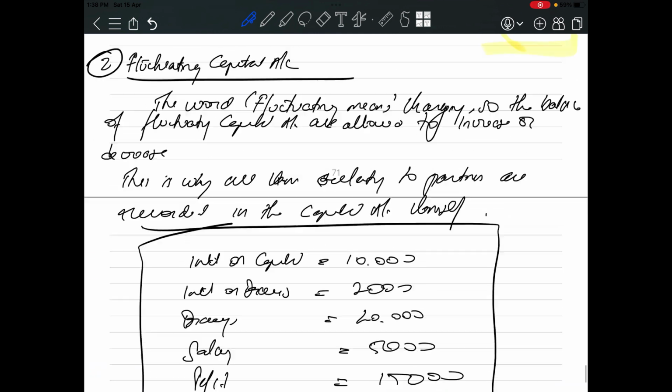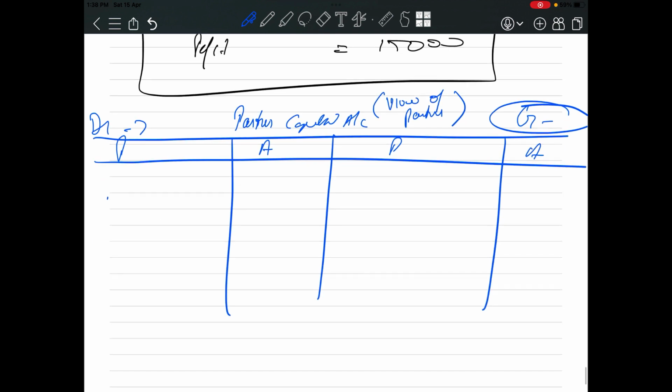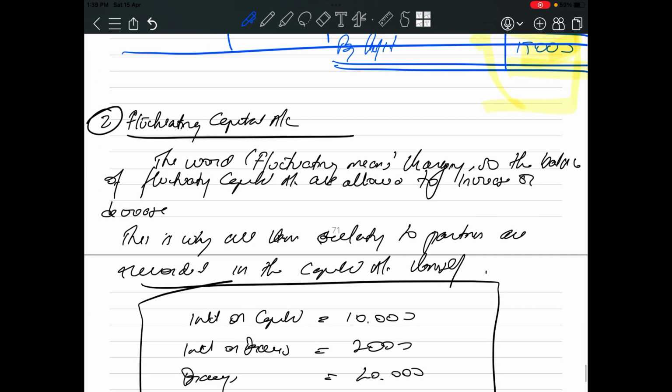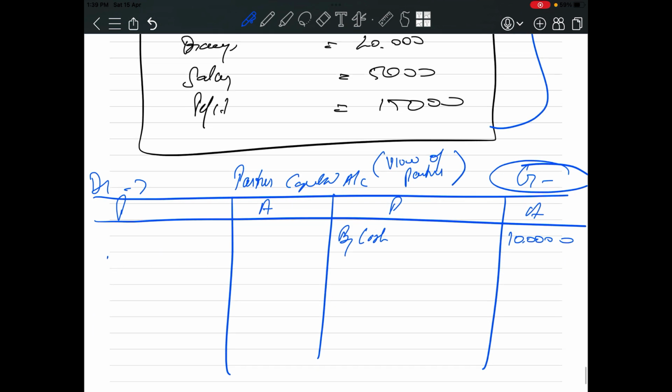Now see, what was the opening balance of capital account? 1 lakh, in our previous example. Now by cash, say for example he has introduced cash of rupees 1 lakh. We are preparing fluctuating capital account. What do you mean by fluctuating? Changing. So all these gains or losses which the partner has got during the year will be written in the main partner's capital account itself.